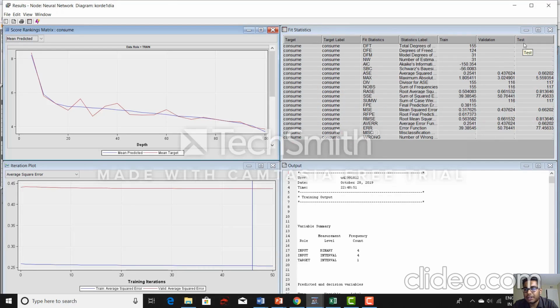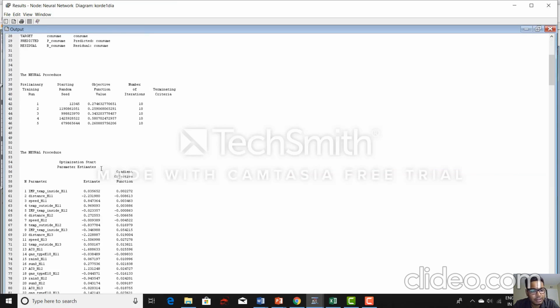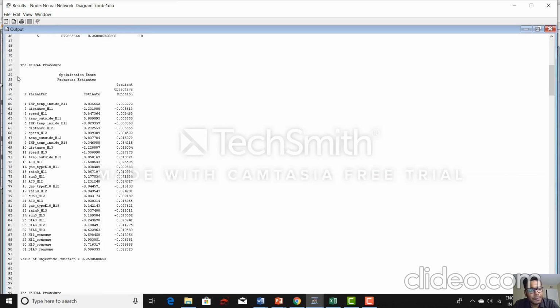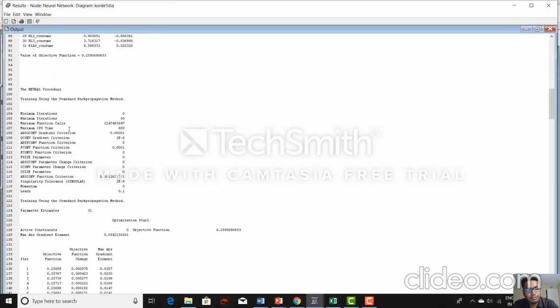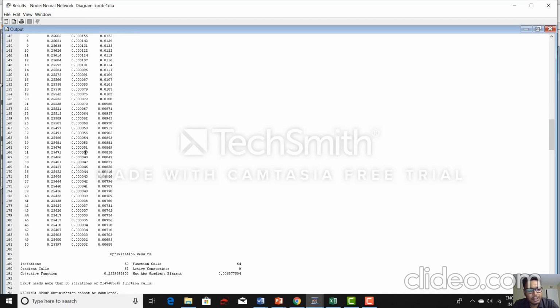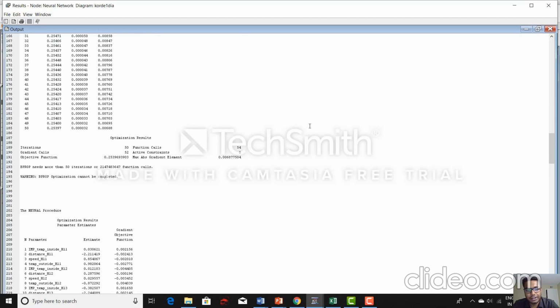So here, as you can see, this is the output of our neural network, and in this graph we can see that it is the 46th iteration where our neural network has found the best possible weights for our data set. In the output we will be able to see the random weights that our neural network method has applied to our data set.